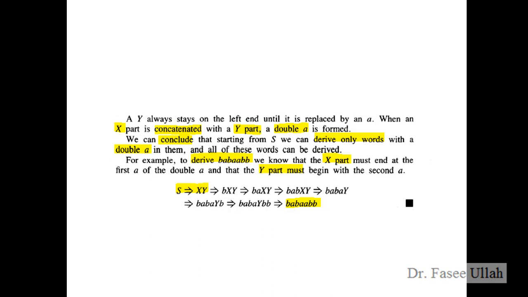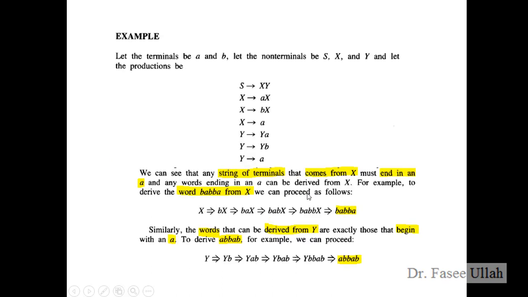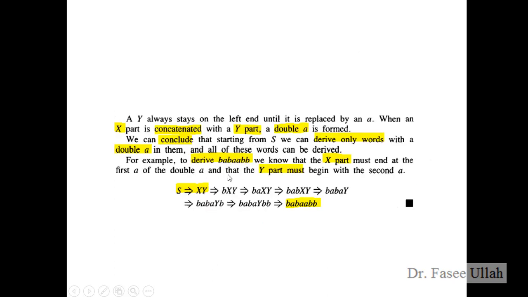Then we replace BAXY from that particular production rule, and we obtain BAB, instead we have XY. So accordingly, for this condition and this required output, we replace accordingly. So finally we get BAABB, just by replacing the original non-terminal with the terminal values. This is the mechanism by which we can get the required output.